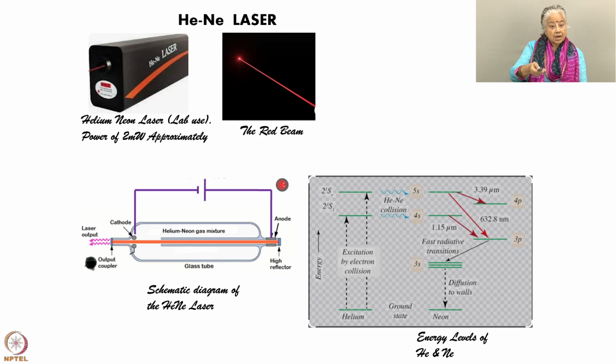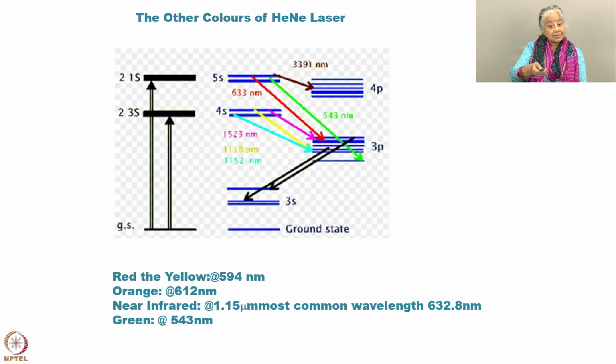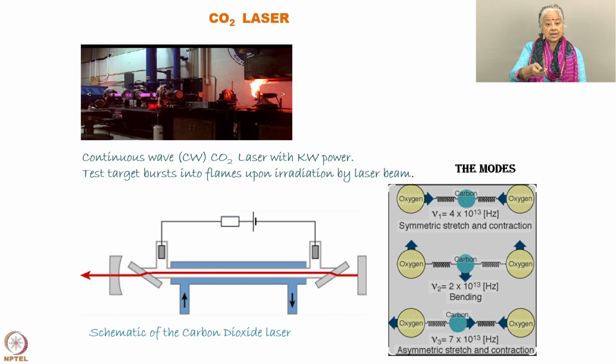Let me now talk about another gas laser, a very important gas laser, which is the carbon dioxide laser. Now, the carbon dioxide laser lases in the infrared region. So, basically you just can't see it. 10.6 micrometer, it is in the infrared region.